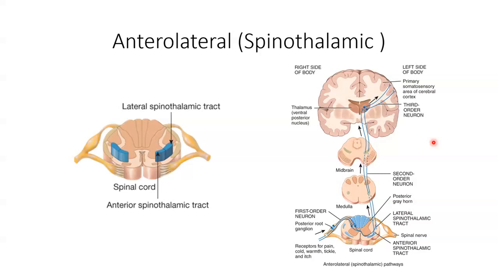Also similar to the posterior column medial lemniscus, the spinothalamic tract is actually made up of two parts. So we have the anterior sections here, and then the lateral sections more on the side. However, again, for the purpose of this unit, we can simply term these the anterolateral or the spinothalamic tract and pathway.